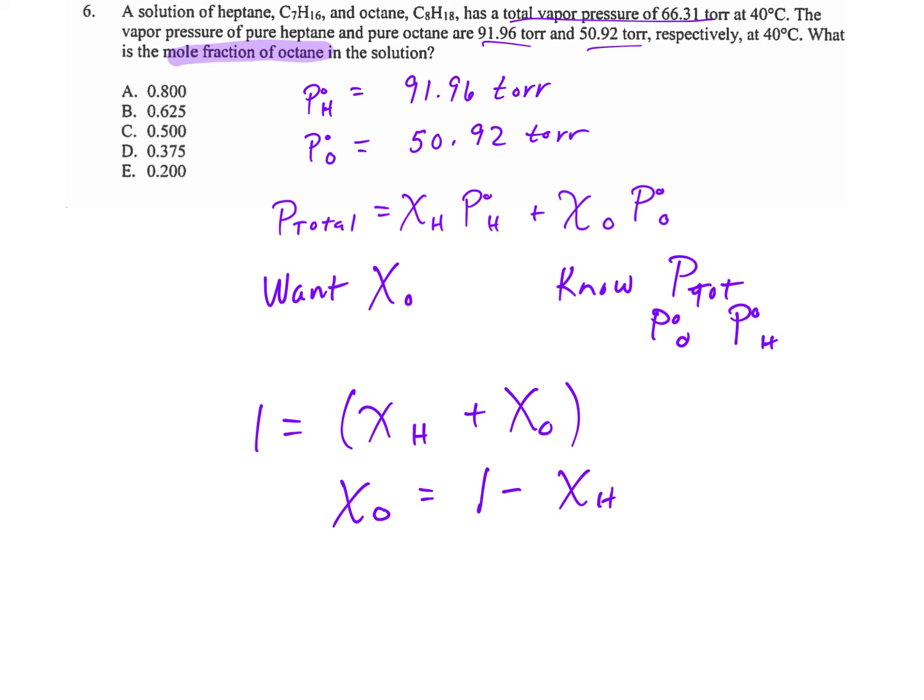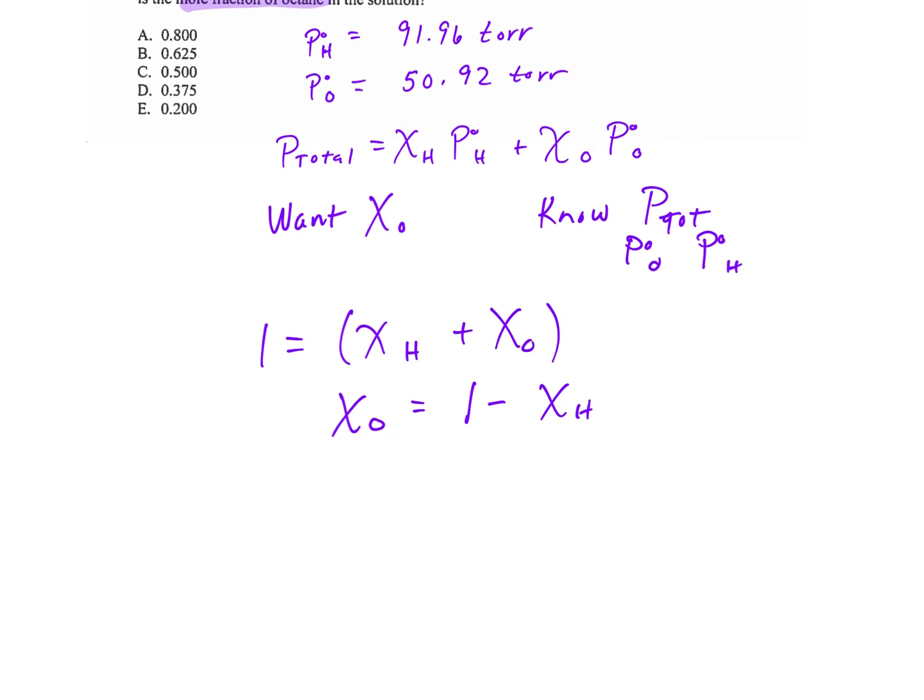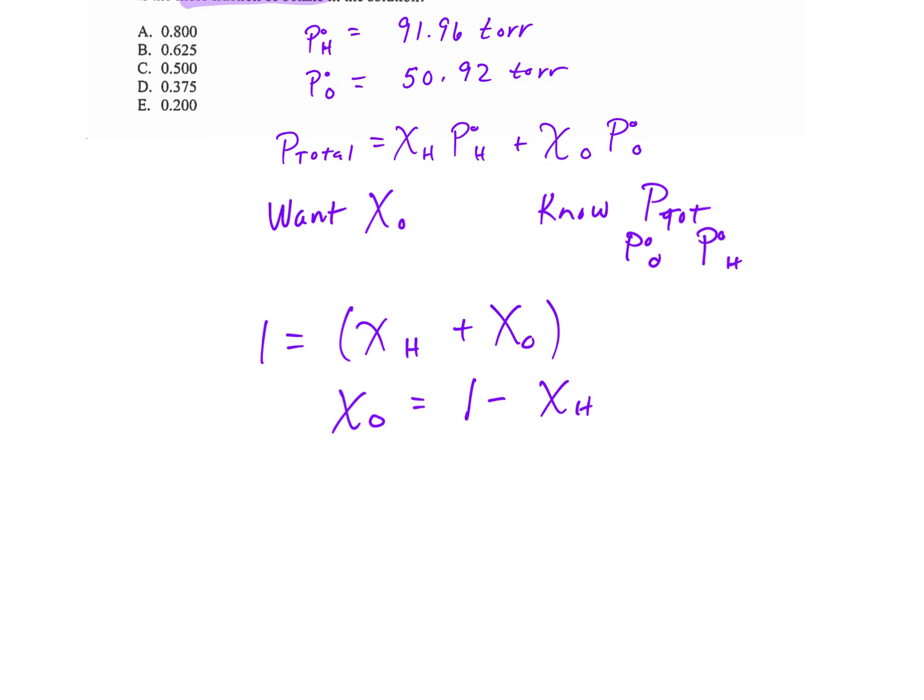And now let's plug some values in. Okay. Total vapor pressure 66.31. I'm going to leave off my units.